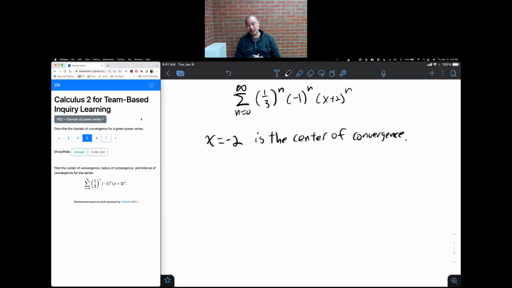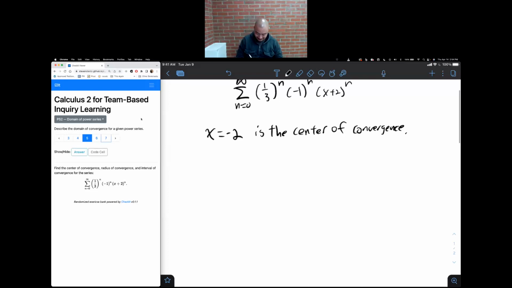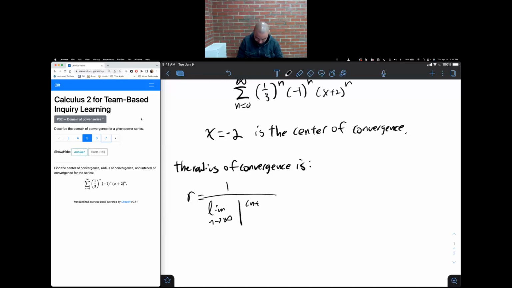The next thing we want to look at is the radius of convergence. The radius of convergence is R equals 1 over the limit as n goes to infinity of the ratio of coefficients, in an adaptation of the ratio test.